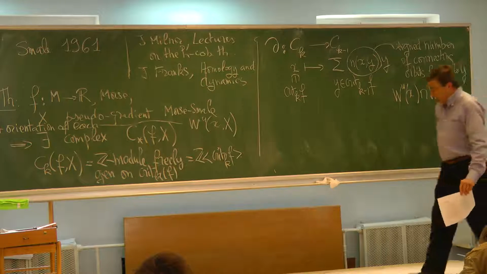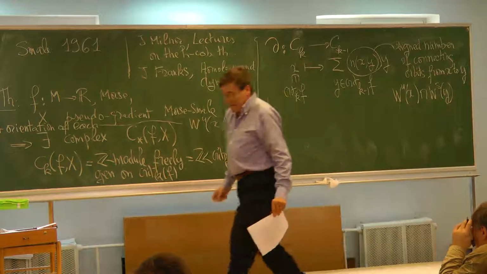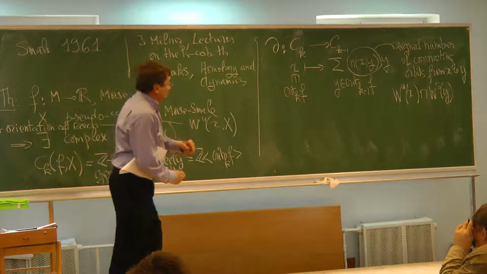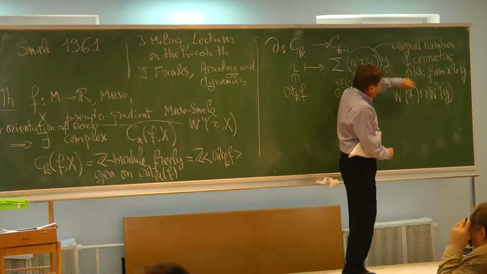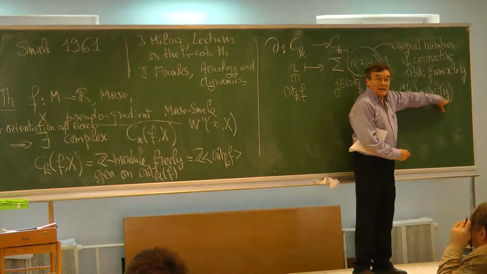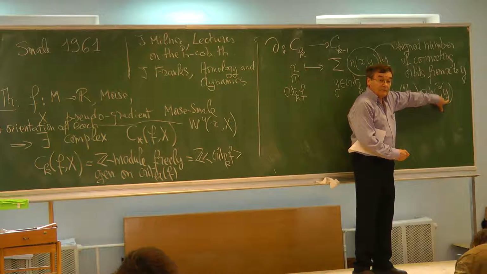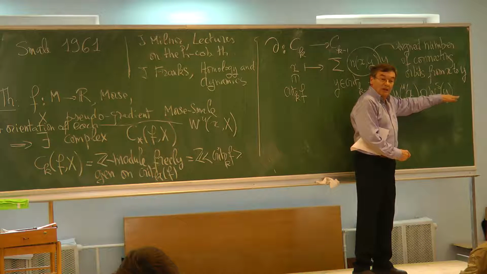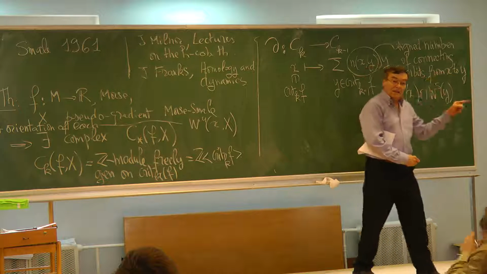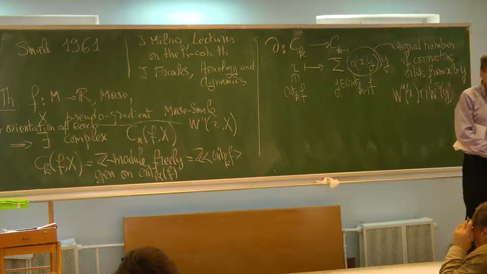What does it mean with sign? Because this manifold is oriented. This one is co-oriented, because the unstable manifold through y is oriented. So the stable manifold is co-oriented.